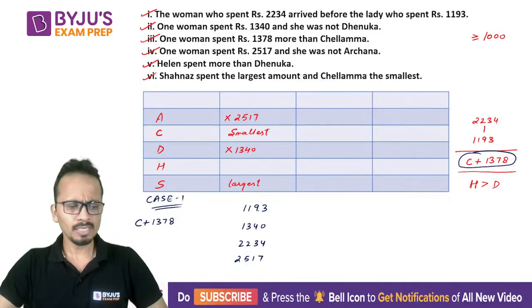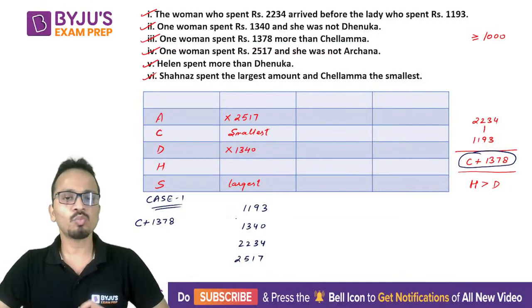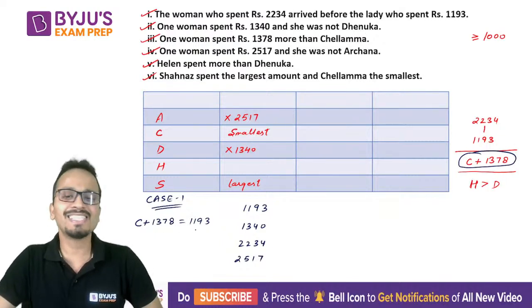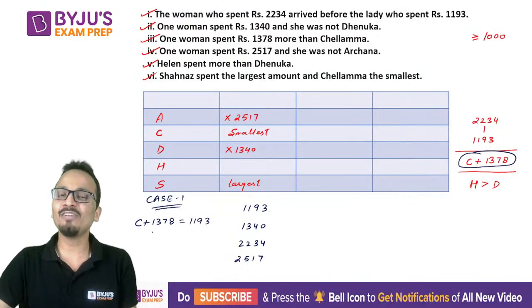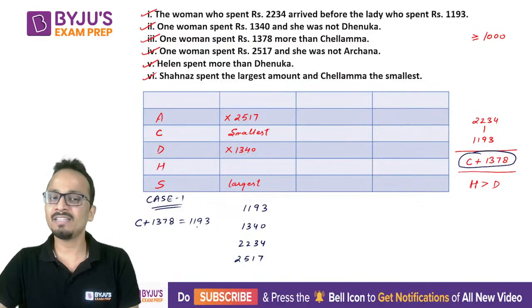Now, all of you consider these values one by one. So C plus 1378, can it be the first value 1193? Now, if C plus 1378 is 1193, then the value of C will be negative. C cannot be negative, so 1193 cannot be this value.